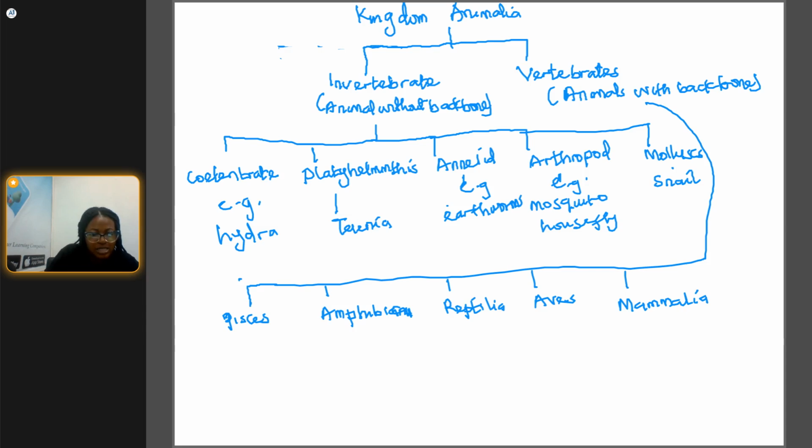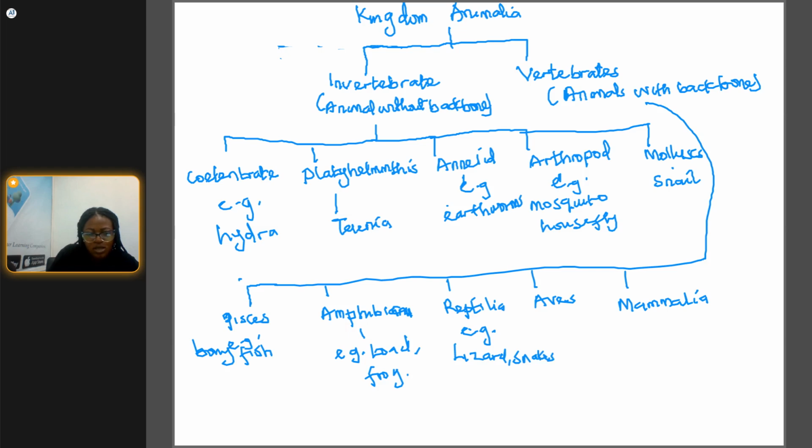Under the vertebrates, like I said earlier, like bony fish, this is an example of species. Okay, so for the amphibian, e.g., we have the toad, we have the frog. Okay, and for the reptiles, we have the lizard, we have the snake.